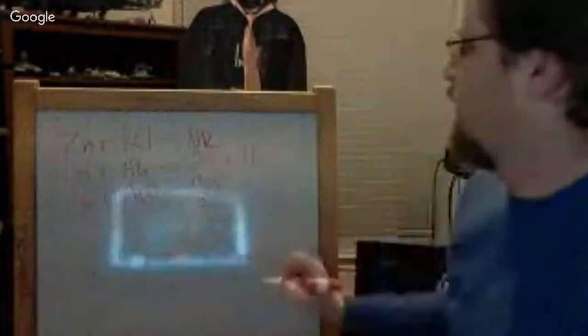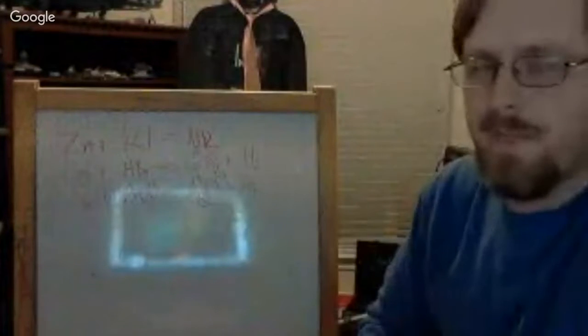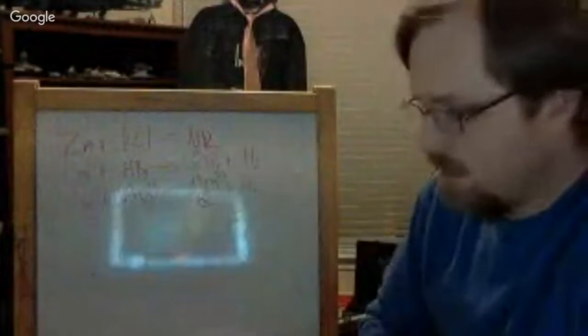So if silver is +1 and oxygen is -2, Ag2O, and gold. Okay, so that's how it's going to work on that. So with that in mind, let me give you guys a few examples to work.